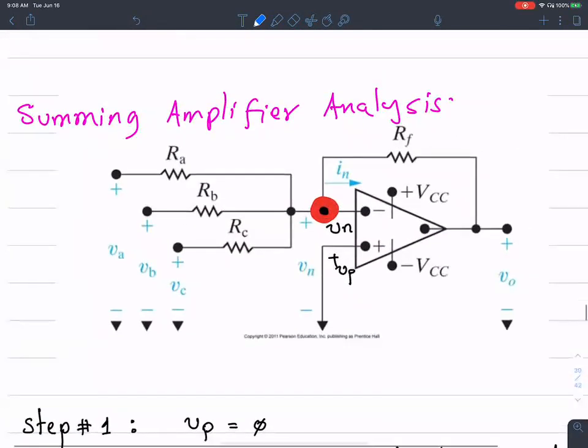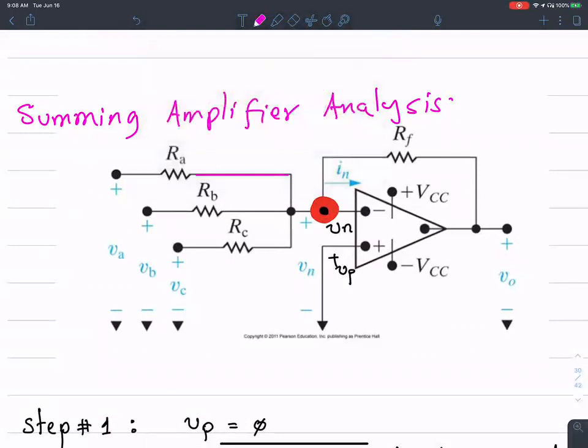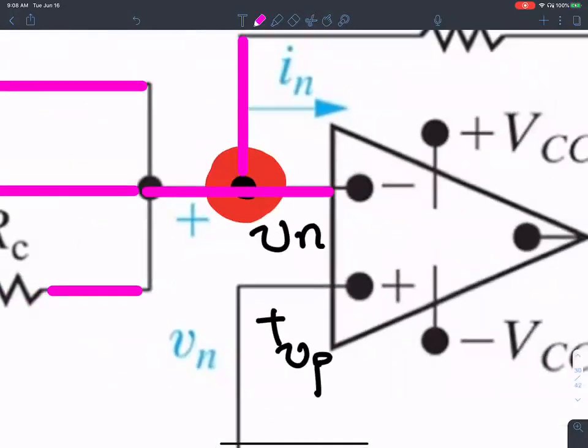There are 4 branches. There is 1. Let me see if I can pick a different color so it shows clearly. There's a second branch. There's a third branch. All of these are coming into this node. There's a 4th branch. There's a 5th branch. There are 5 different branches at that node, right?